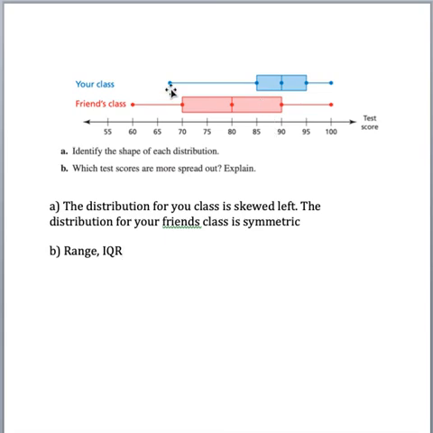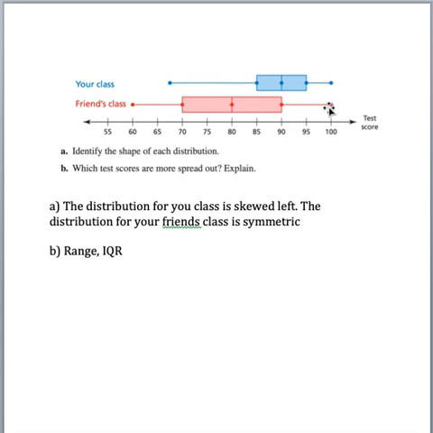Looking at the top blue box and whisker, we see that the range is about 68, anywhere from 68% to 100%. Whereas your friend's class is far more spread, anywhere from 60% to 100% is the range of the scores.